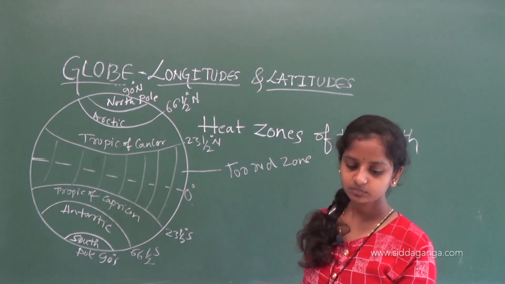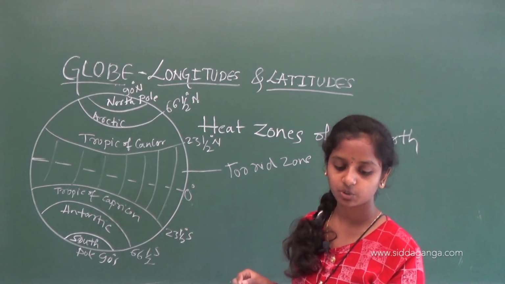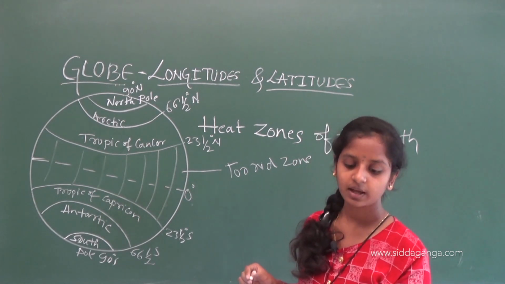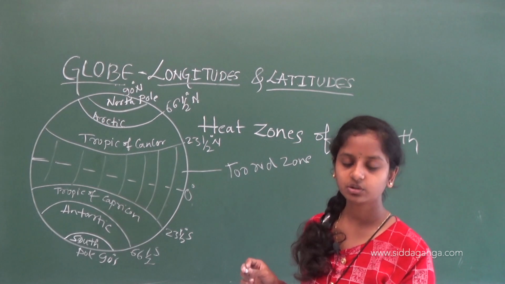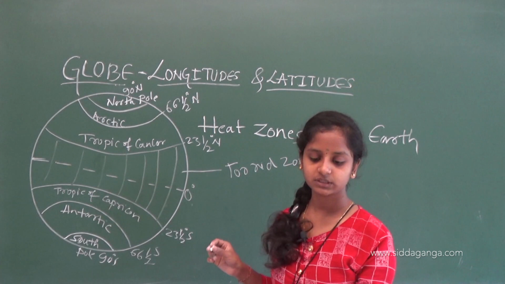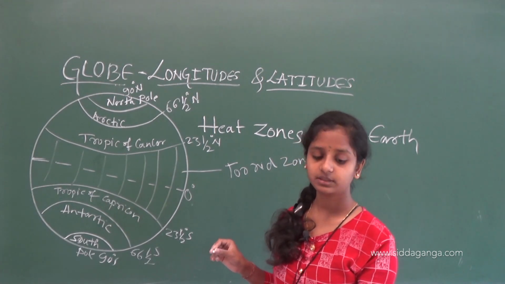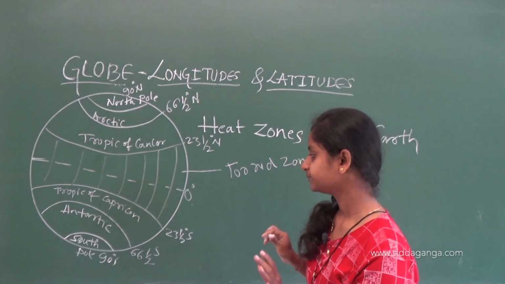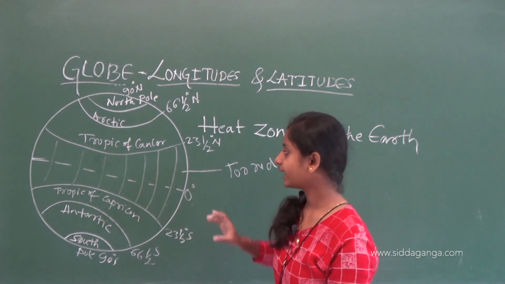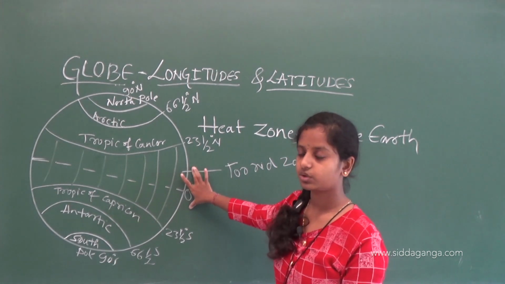Now, the areas bounded by the Tropic of Cancer and the Arctic Circle in the northern hemisphere, and the Tropic of Capricorn and the Antarctic Circle in the southern hemisphere, have moderate temperatures. These are therefore called temperate zones. The sun's rays are more direct between the Tropic of Cancer and the Tropic of Capricorn.